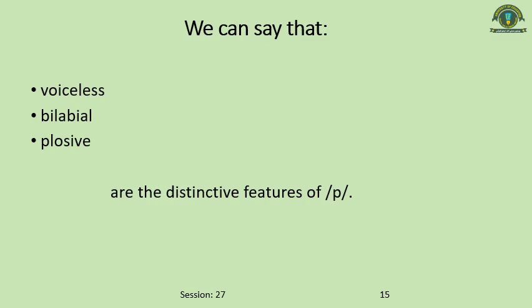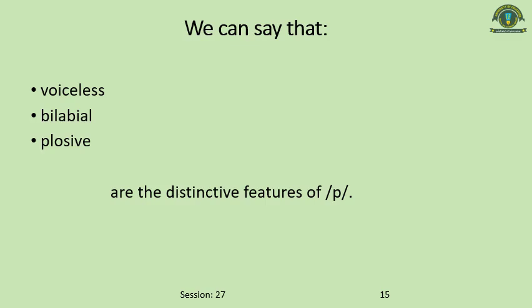So /p/ has got these features. This is our answer when we talk about the distinctive features of some phoneme. We tried to analyze one phoneme by using this sound with other sounds, other phonemes, so all categories were there.